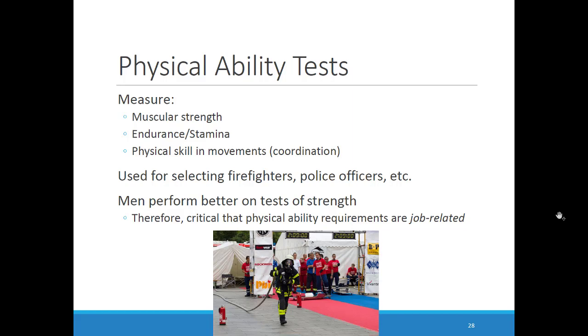This is maybe a reason that it's critical that physical ability requirements are in fact job related. So if physical ability requirements are job related, then it is okay if the test discriminates against people who are not able to display that amount of strength. So that's one example.